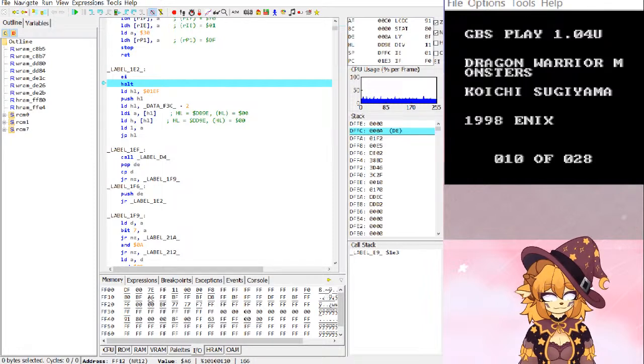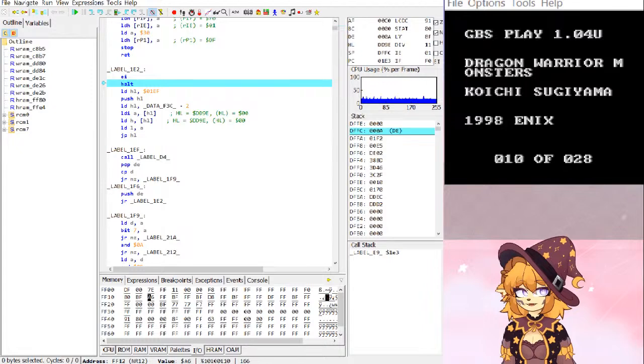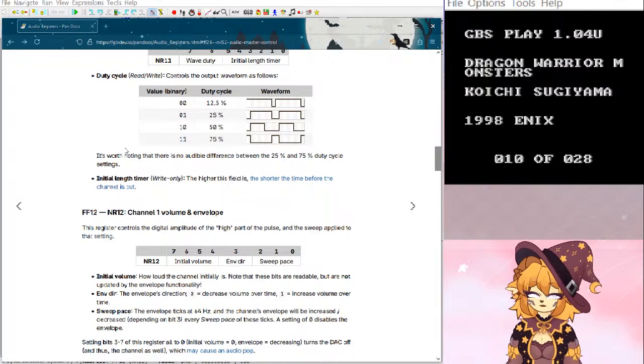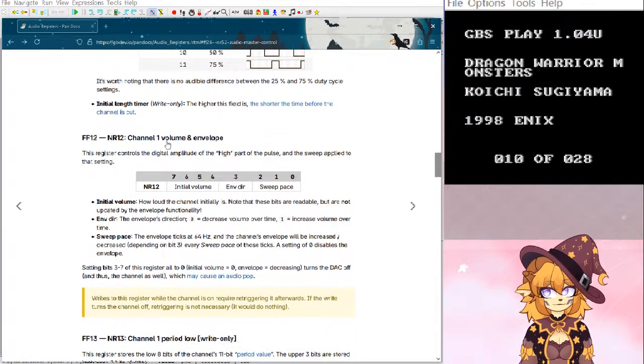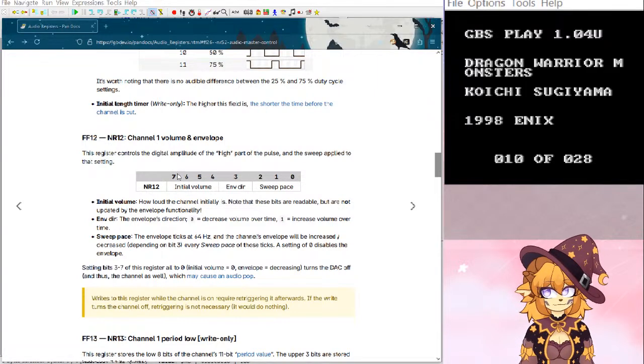Oops, that one. NR12. NR12 is the channel and volume and envelope.